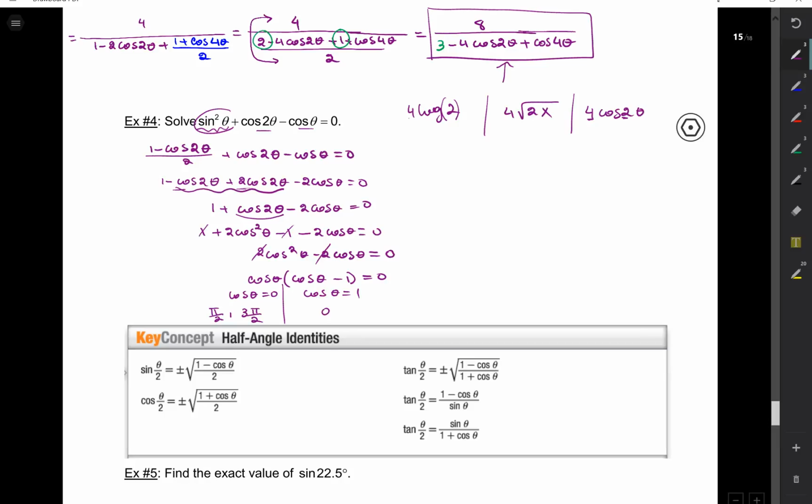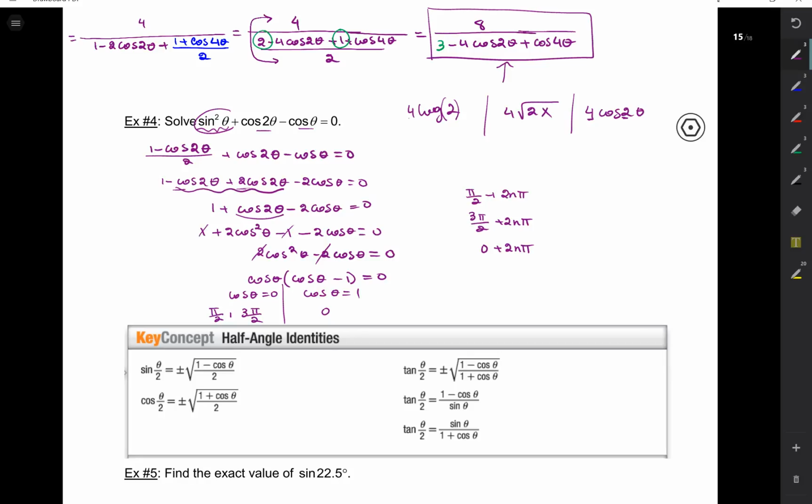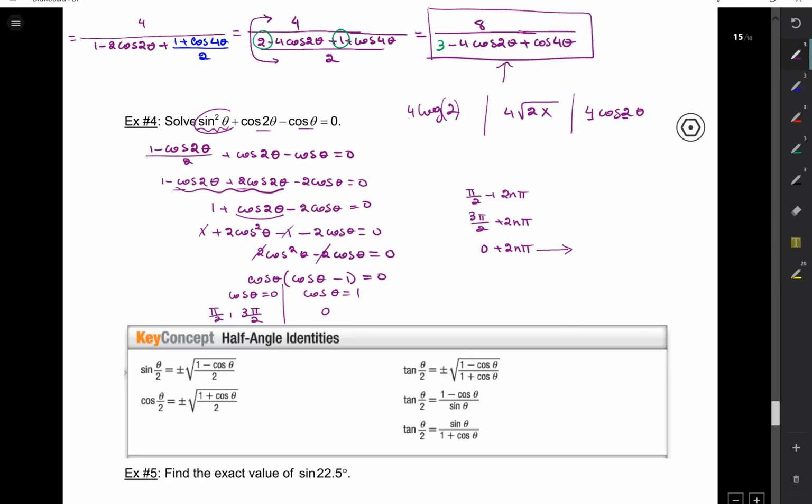Now, this is over all real numbers, so it has to be pi over 2 plus 2n pi, 3 pi over 2 plus 2n pi. If it doesn't specify, that's when you know it's real numbers. Now, this one, 0 plus 2n pi, what is that? It's just 2n pi.